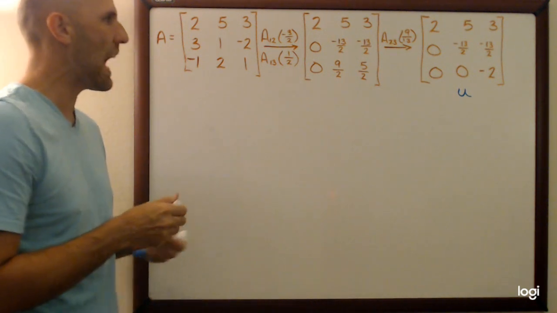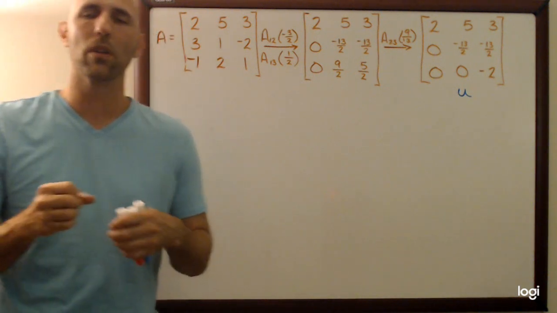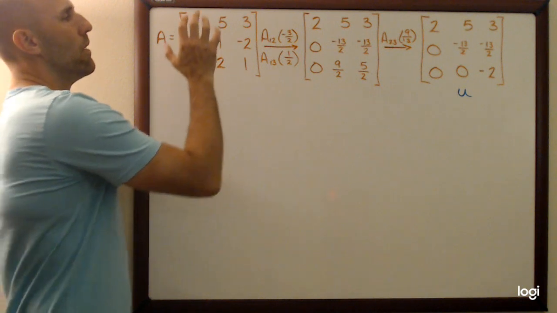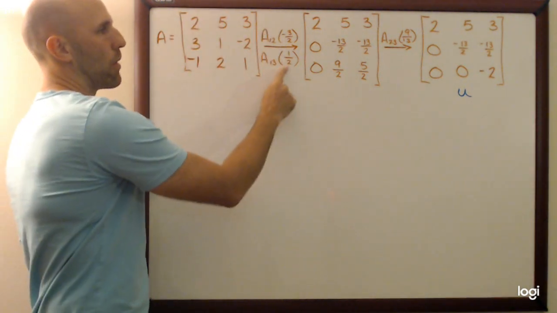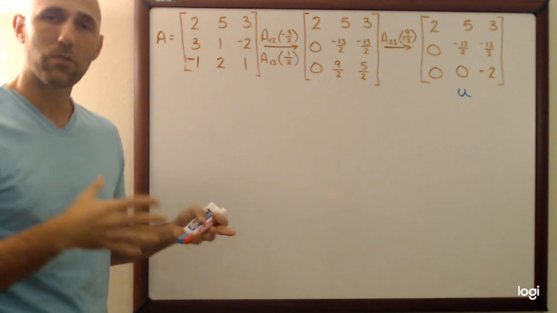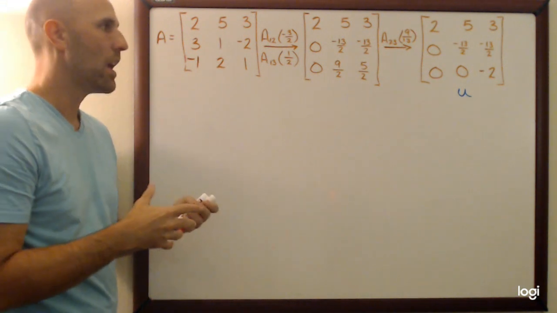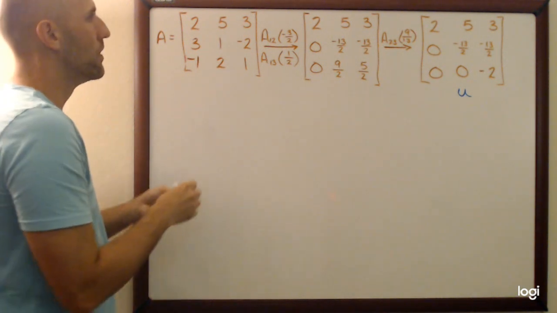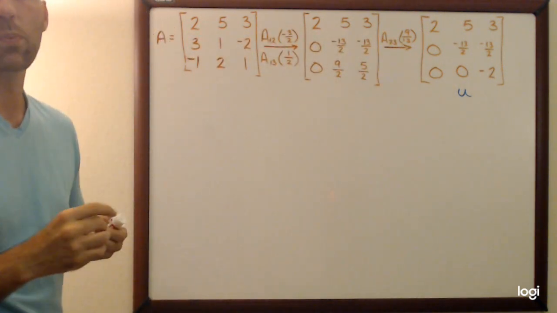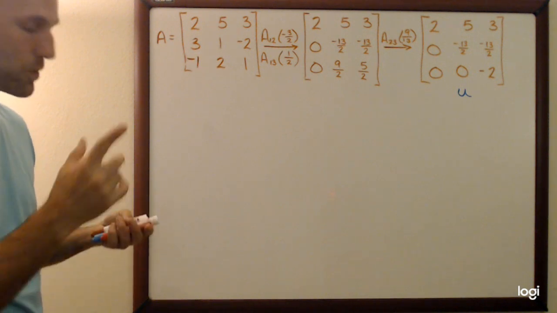Well, to that, I'm going to go back to what we learned at the very beginning of this lecture, which is that these elementary row operations can be represented as elementary matrices. In point of fact, this entire string of operations here can be represented with an equation, specifically this one.